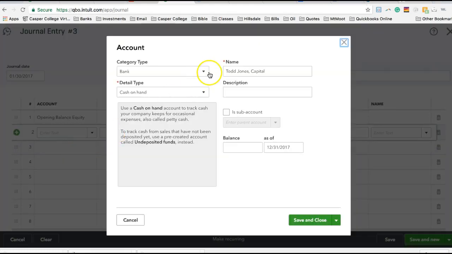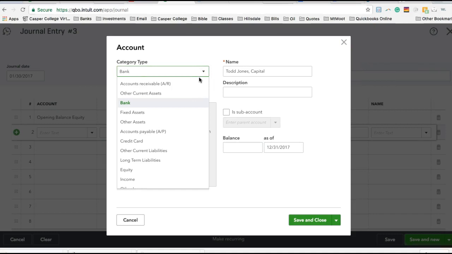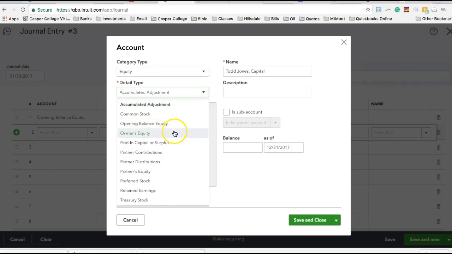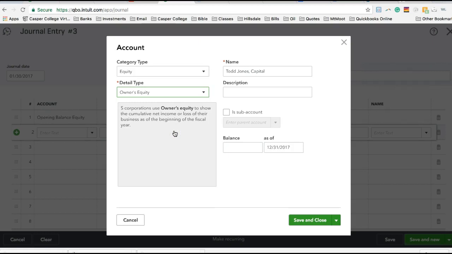So it's going to say, okay, what kind of account is this? Well, first of all, it is an equity account, right? And it's going to be an owner equity as the detailed type, Todd Jones equity account. Okay, we may have several people involved in the business as shareholders, as members if you're an LLC, or partners. Okay, so in this case, we didn't have any opening balance.